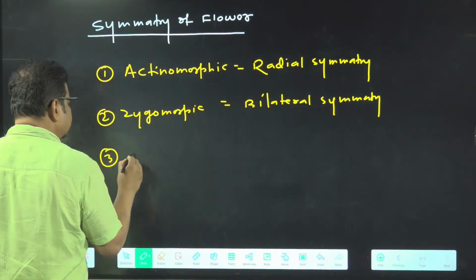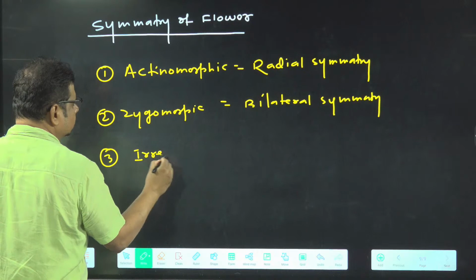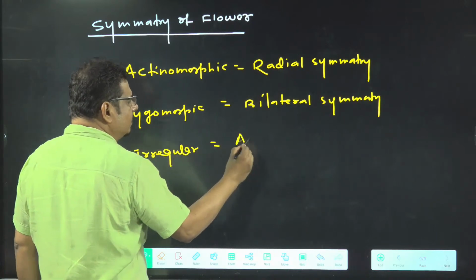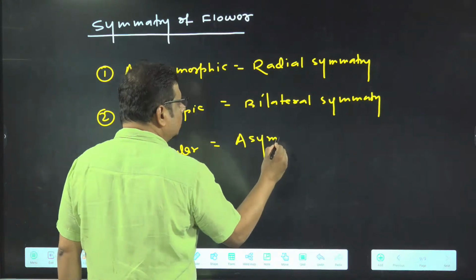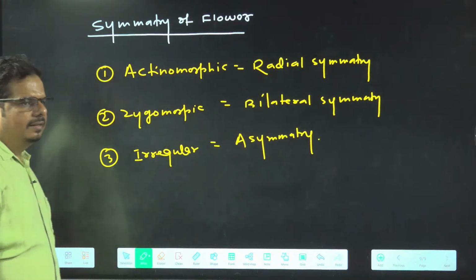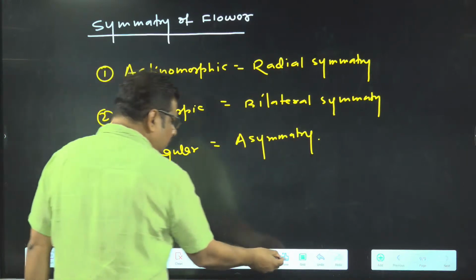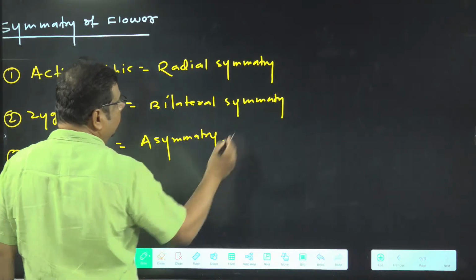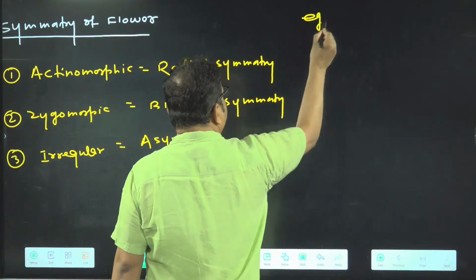Third one is irregular flower. It is asymmetrical. A means without. No symmetry is there. No mirror image is there. Getting the idea?